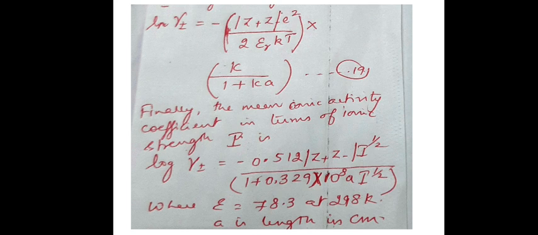Finally, the mean ionic activity coefficient in terms of ionic strength: if we convert ln to log, then log of gamma plus minus is equal to minus 0.512 z plus z minus I to the power of half. In the denominator you have 1 plus 0.329 into 10 power 8 a I to the power of half, where epsilon is 78.3 at 298 Kelvin. A is the length in centimeter.